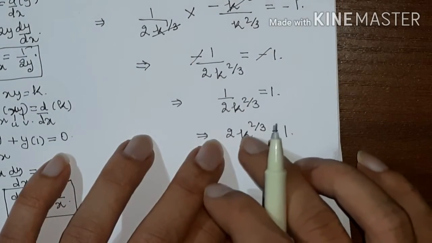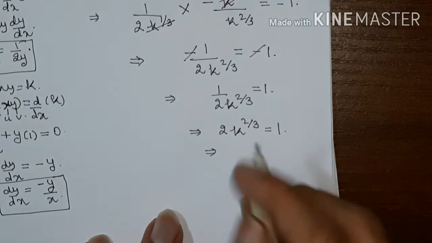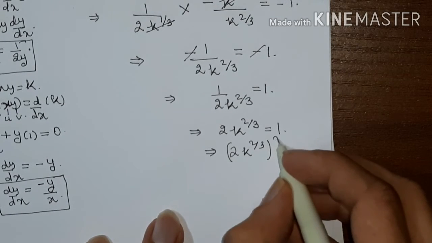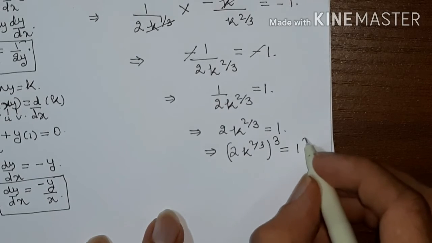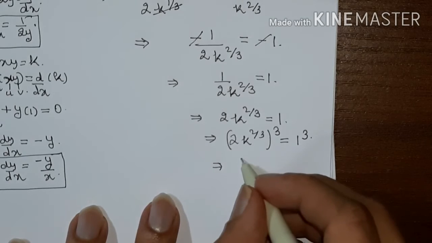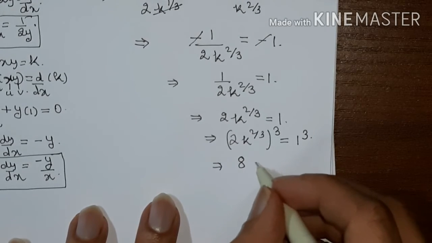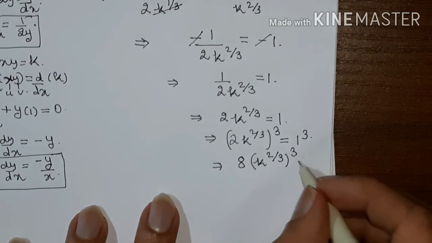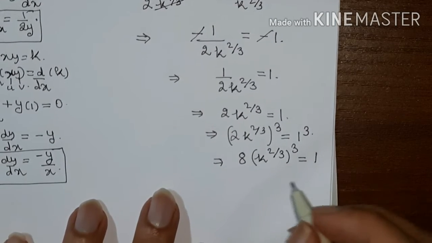So let us take the cube on both sides. So 2 times k raised to 2 by 3, the whole cube, equal to 1 cube. What is 2 cube? That is 8, and this will be k raised to 2 by 3 the whole cube, equal to 1 cube, which is 1.